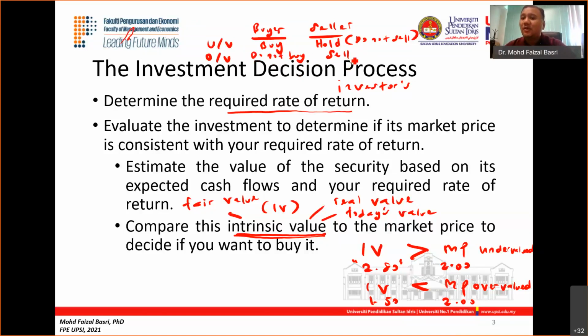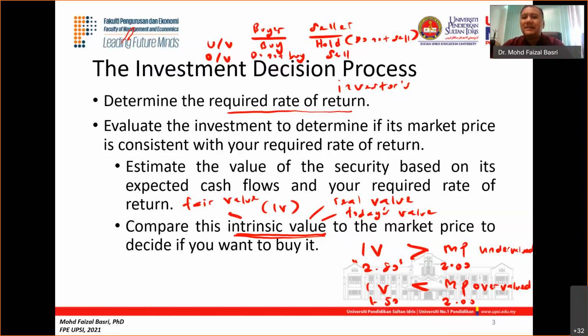You will sell during an overvalued market. Why? People pay more for this. Even though the value is just 150, people are willing to pay more, 2 ringgit in the market. In that case, that's the time for you to sell your investment.